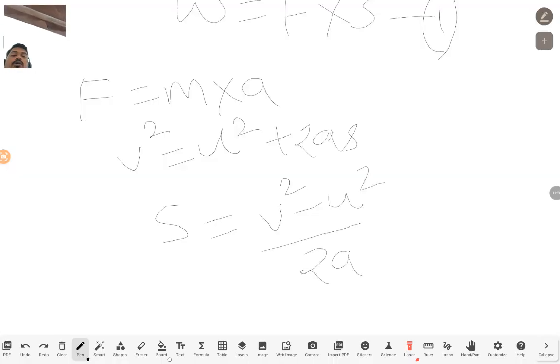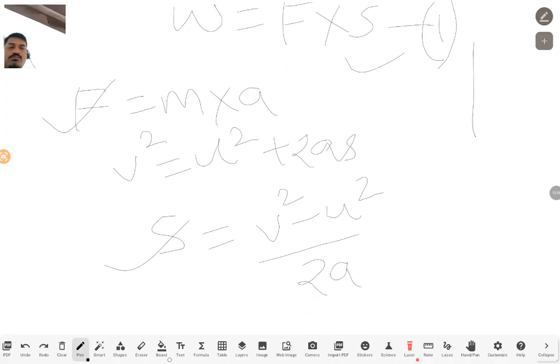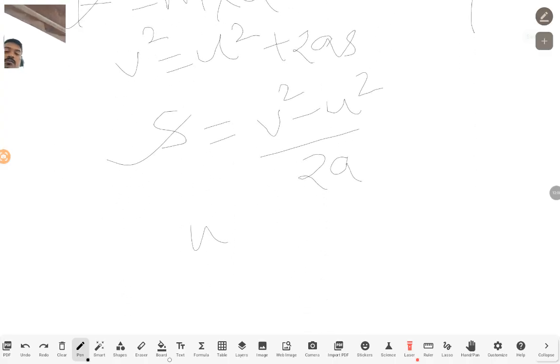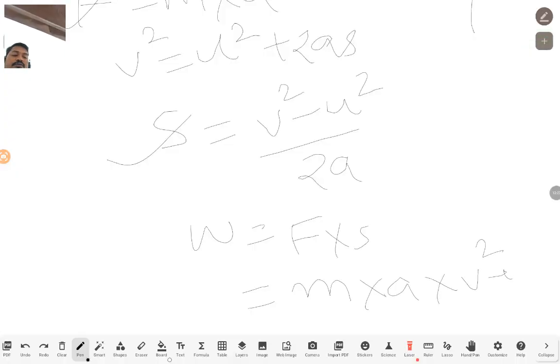Now we are going to put the value of F and S in equation 1. Okay, what we will get? What is the formula? W equal to F into S. We are going to put the values of F and S. What is the value of F? It's M into A. What is the value of S? V square minus U square by 2A. A will be cancelled out.